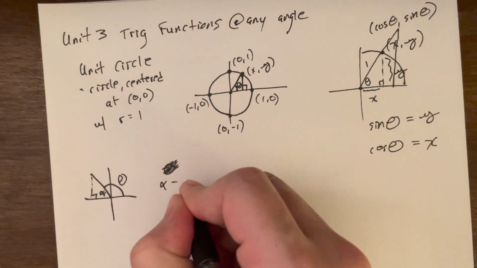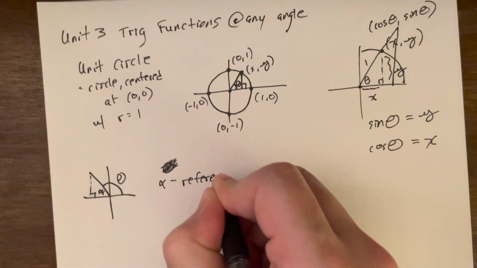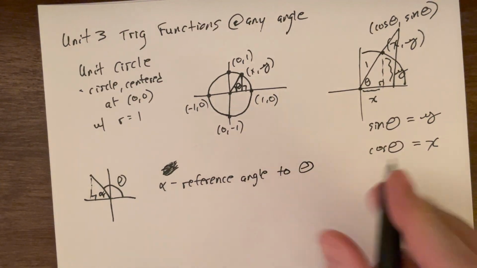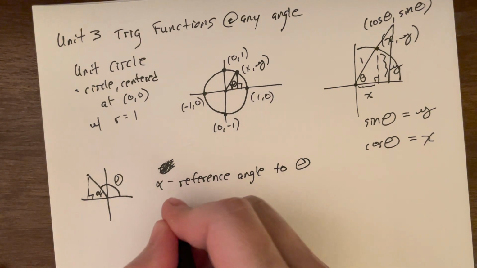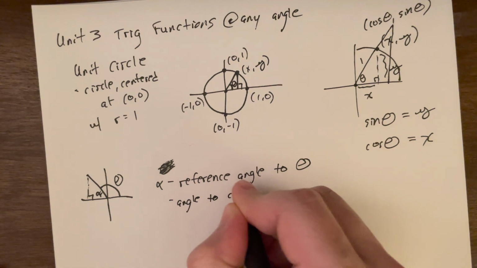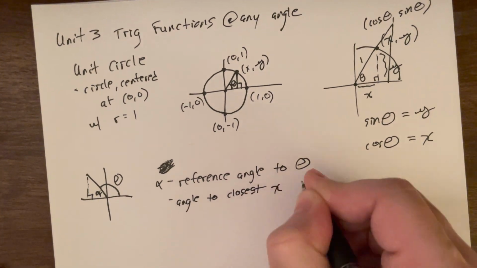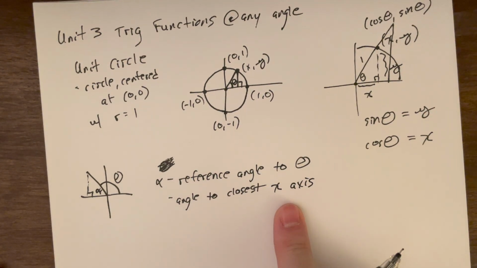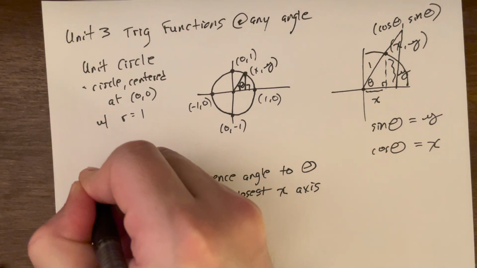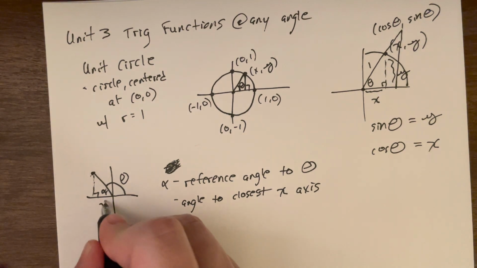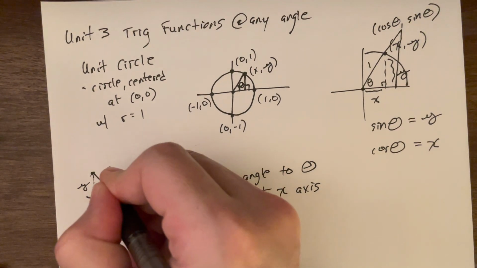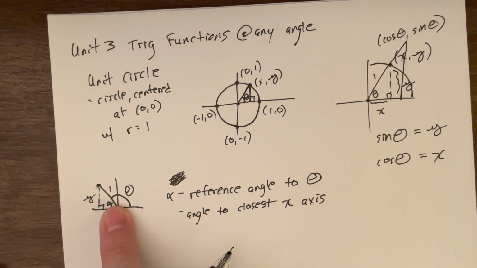And alpha is what we call the reference angle to theta. And the reference angle is always the angle to the closest x-axis. But now that we have that set up, this is still an xy pair. This would still be x. This would still be y. If it's a unit circle, this would still be 1.